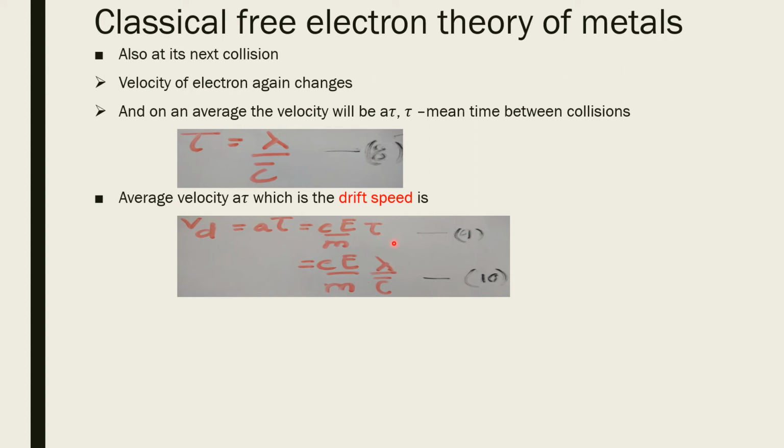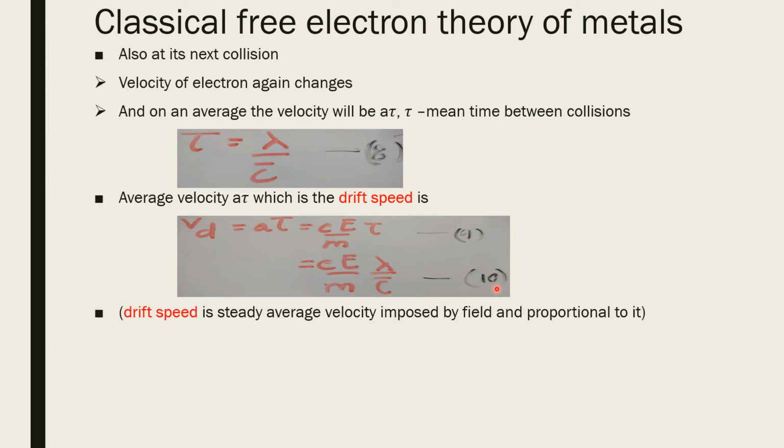Also substituting equation number 8, tau is equal to lambda by c bar. Here we get Vd is equal to E by m into lambda by c bar, equation number 10. Drift speed is the steady average velocity imposed by the field and proportional to it.